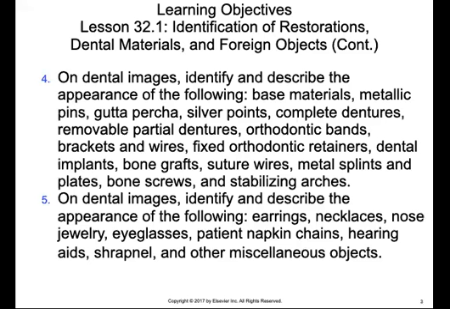Also, to identify and describe the appearance of base materials, metallic pins, gutta percha, silver points, complete dentures, removable and partial dentures, orthodontic bands, brackets and wires, fixed orthodontic retainers, dental implants, bone grafts, suture wires, metal splints, plates, bone screws, and stabilizing arches. And to identify and describe the appearance of earrings, necklaces, nose jewelry, eyeglasses, shrapnel, and other miscellaneous objects.